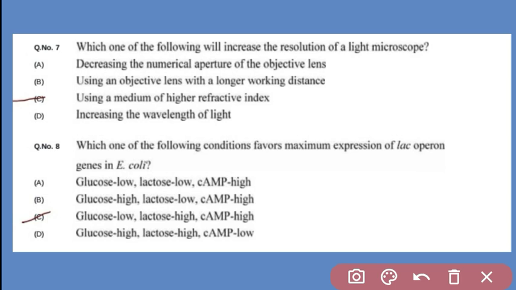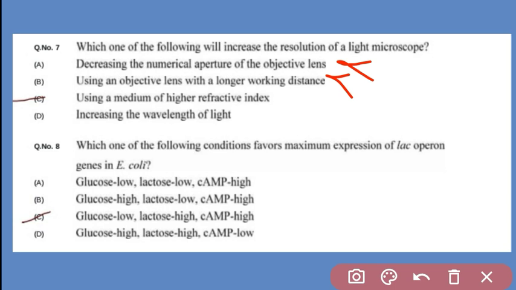Option A says decreasing the numerical aperture of the objective lens. By decreasing the numerical aperture, the resolution will not increase. Using an objective lens with a longer working distance does not increase the resolution of a light microscope.